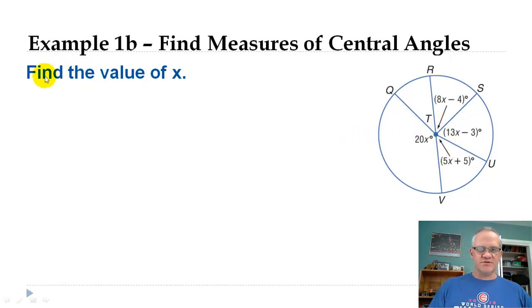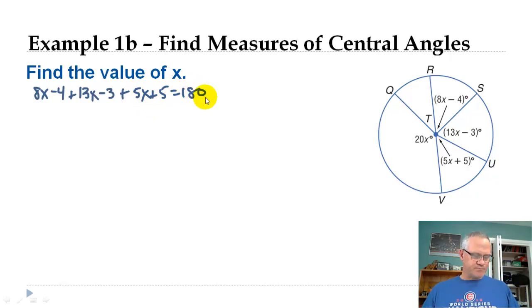So what we can do here is this, we can say 8x minus 4 plus 13x minus 3 plus 5x plus 5 would need to equal 180. Okay? And so we'll just use some algebra here to put these together. So we got 13x, 5x, and 8x.